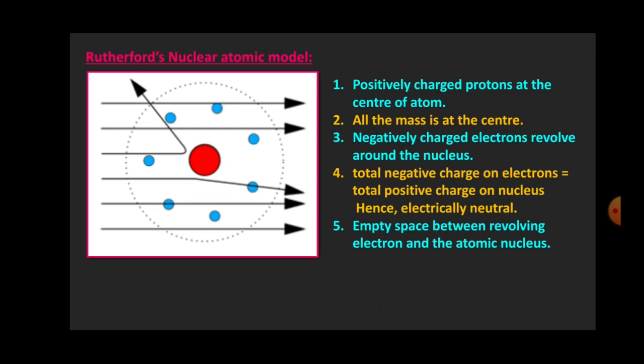Fourth, the total negative charge on electrons is equal to the total positive charge in the nucleus. Hence, it is electrically neutral. The positive and negative charges nullify each other. An empty space between the revolving electrons and the atomic nucleus is present. So this is all about Rutherford's nuclear atomic model.